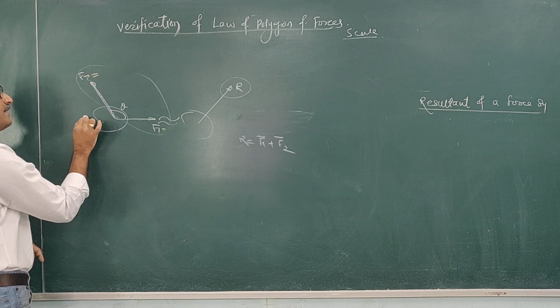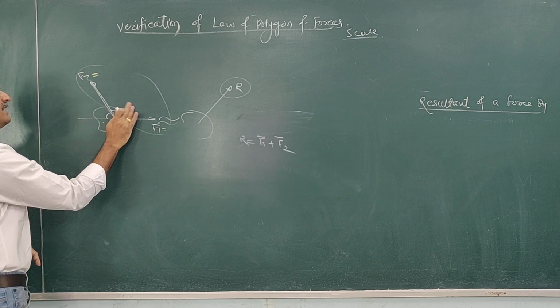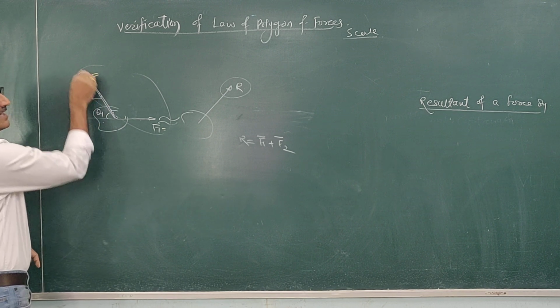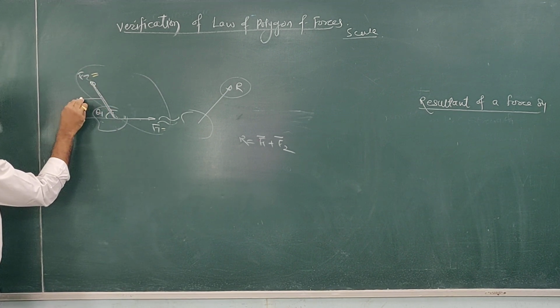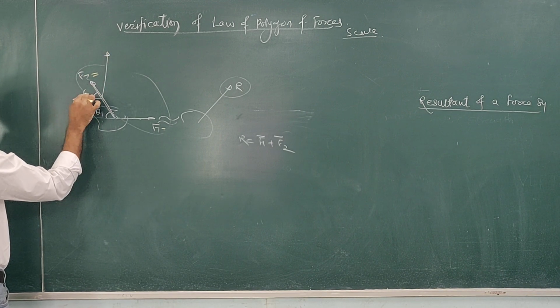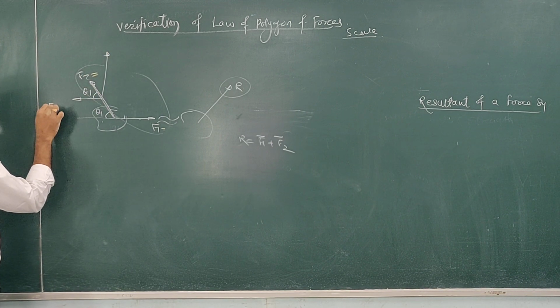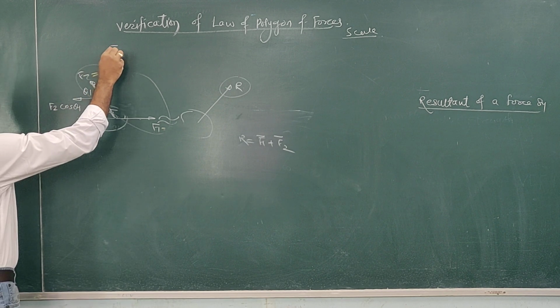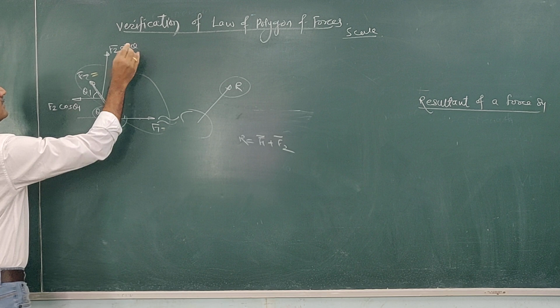Suppose this force is F2 and this angle is theta 1. It is in the second quadrant, so its X component will be towards the left and its Y component will be upward. If this angle is theta 1, then this component will be F2 cos theta 1 and this component will be F2 sin theta 1.